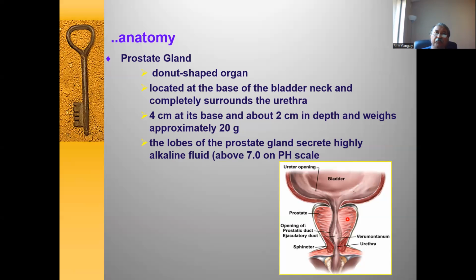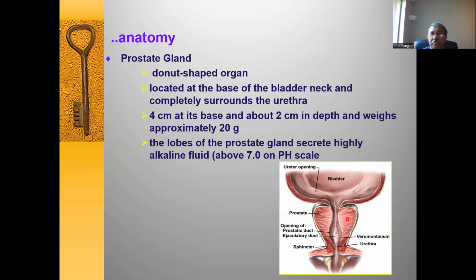Prostate has a function to secrete highly alkaline fluid. Alkaline fluid, which is above pH of 7. 7 is neutral. Anything below 7 is acidic, and anything above 7 is alkaline.